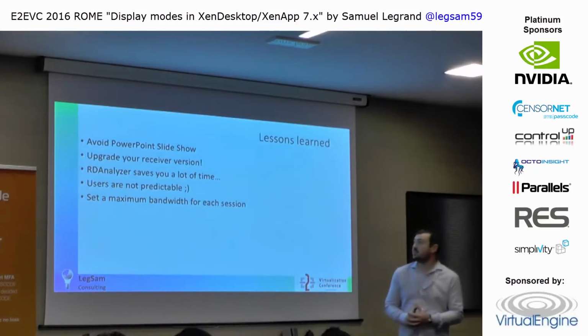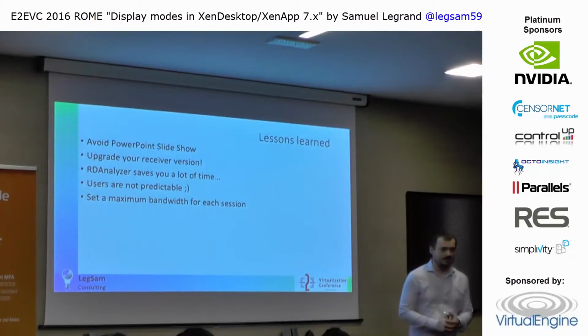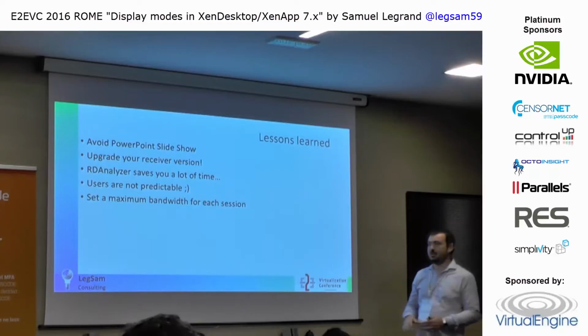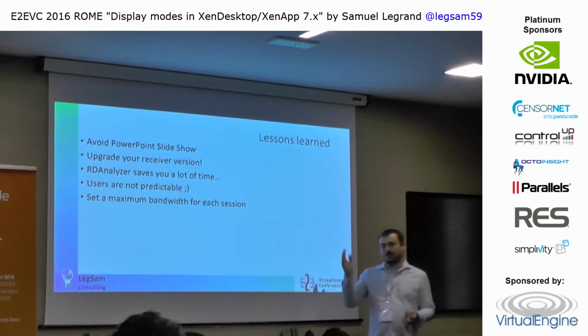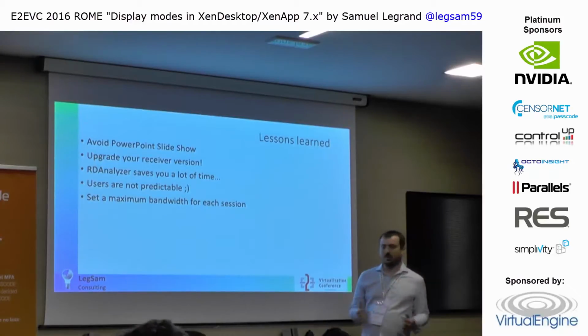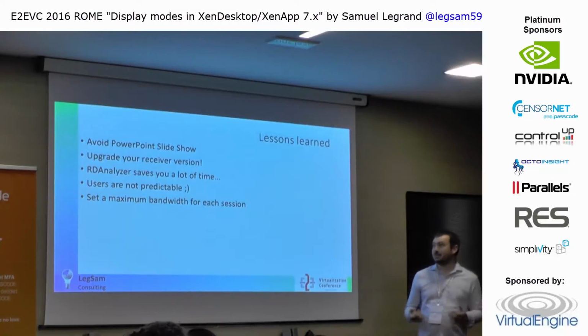Lesson learned. Avoid PowerPoint slideshow on a XenApp environment. The problem is the transitions are making an incredible usage of bandwidth. So if you need to make a slideshow, you will have to put more bandwidth.